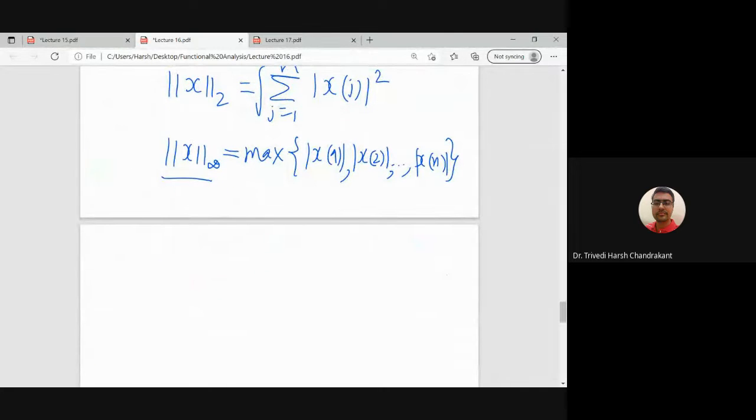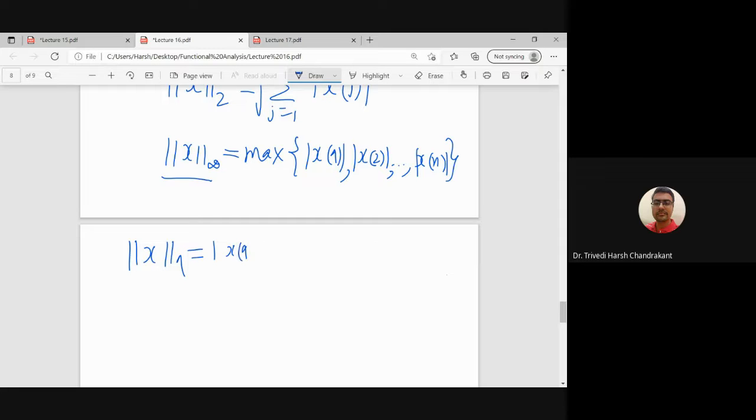Okay, so here it is very simple because we have only n coordinates. The sequence case is also simple, but it involves some real analysis, because we have convergence of series there. Here we don't have convergence of series. We just have sums of numbers. So let us start with comparing the two norm with the first norm. The first norm of x is modulus of x1 plus modulus of x2 up to modulus of xn, right?